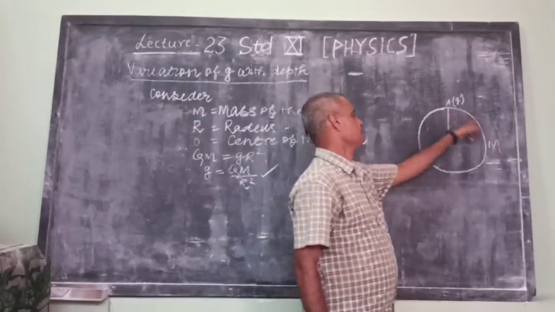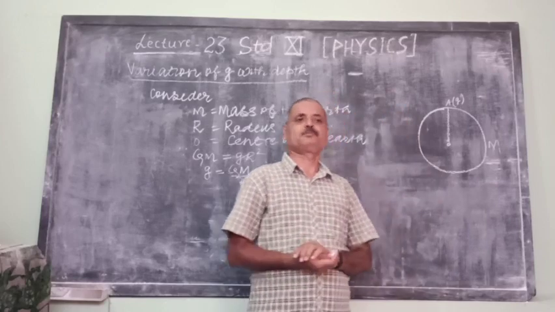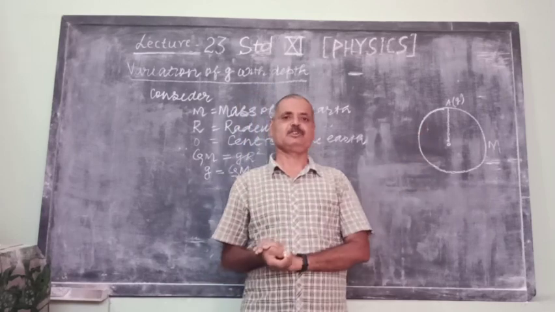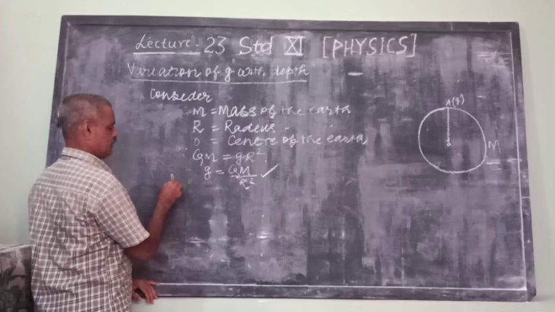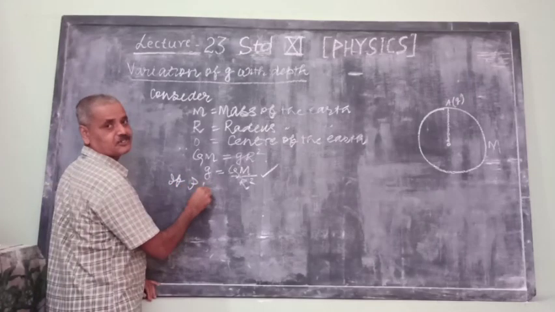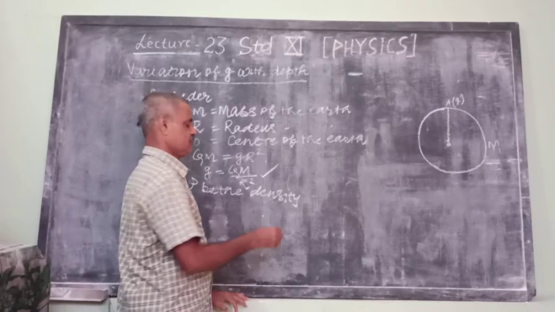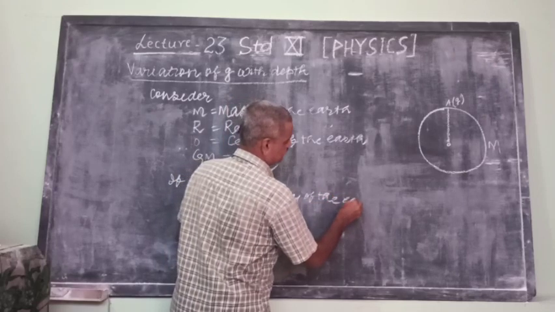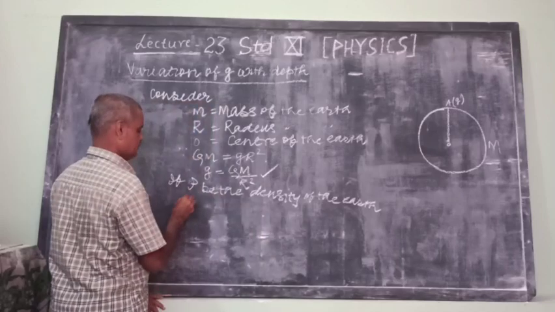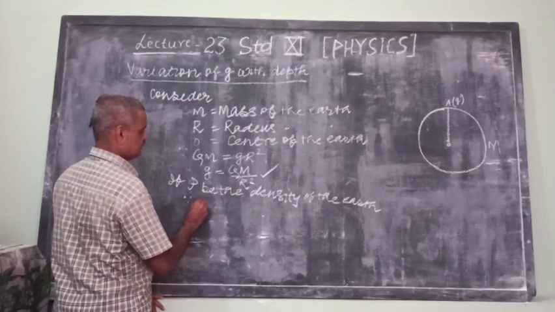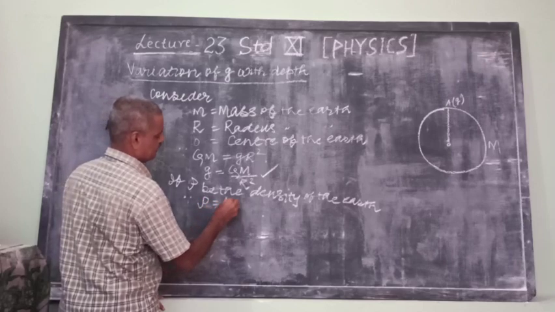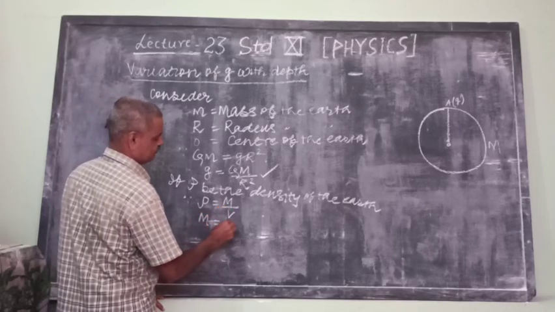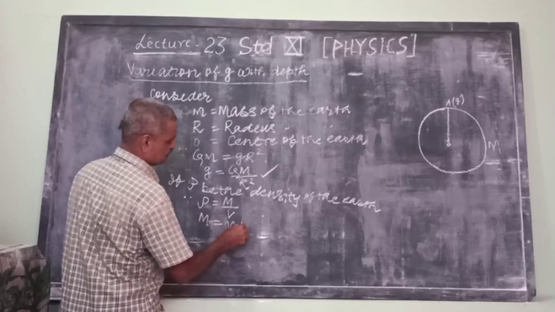First of all, this is Earth. If the mass of the Earth be given, if rho be the density of the earth, since density is equal to mass by volume, so mass can be written as volume into density.